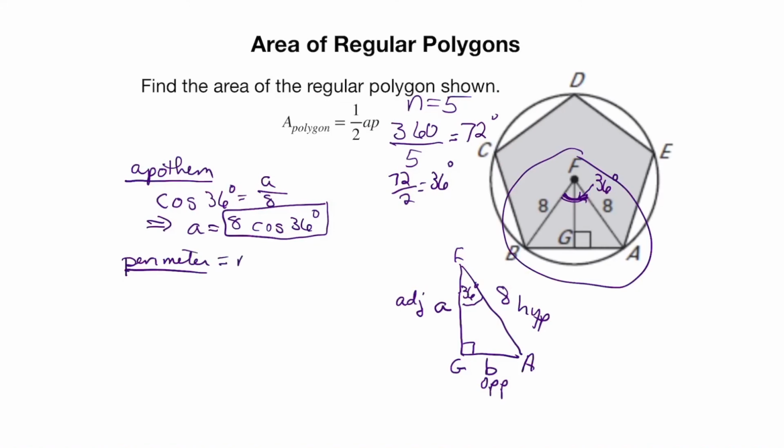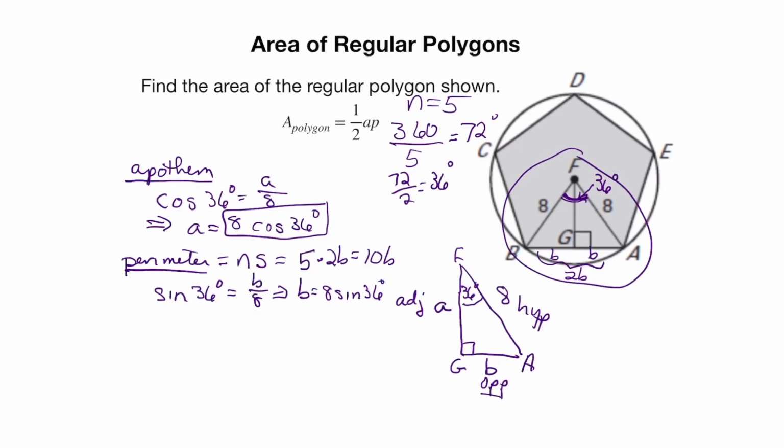And then my perimeter is just the number of sides times the length of a side. My number of sides is 5, and the side, right? If that one's B, that one's B, so the whole side will be 2 B's, which makes it 10 times whatever I get for B. Let's see, B is an opposite, and I know the hypotenuse, so the sine of 36, which is opposite over hypotenuse, will be B over 8, which means B is 8 times the sine of 36 degrees.